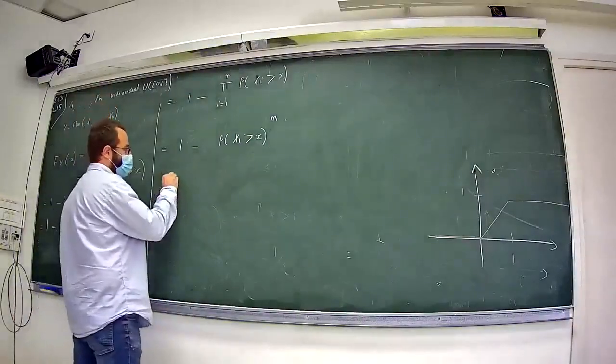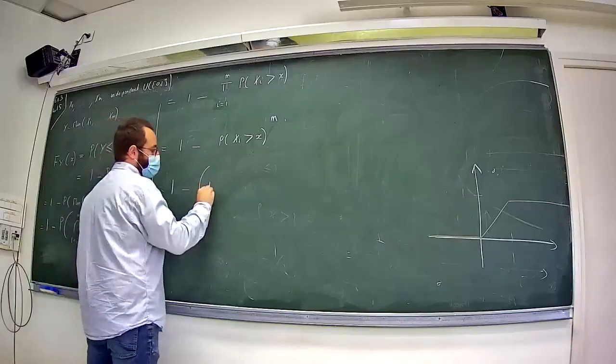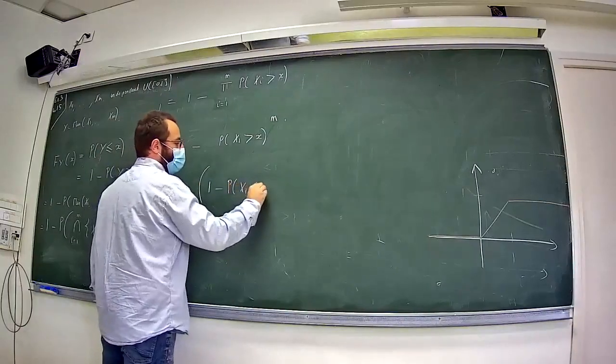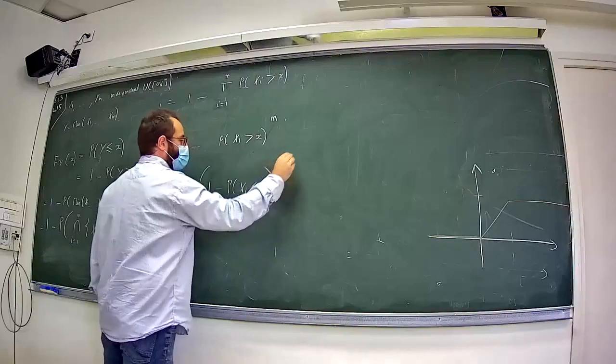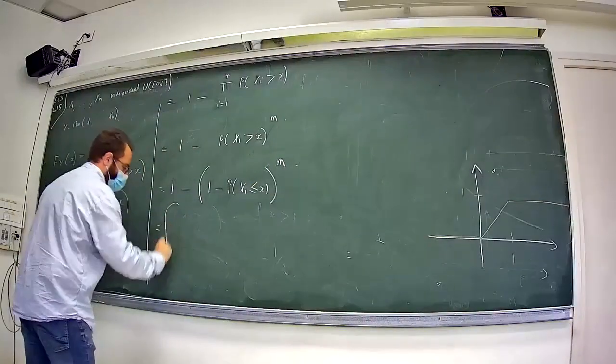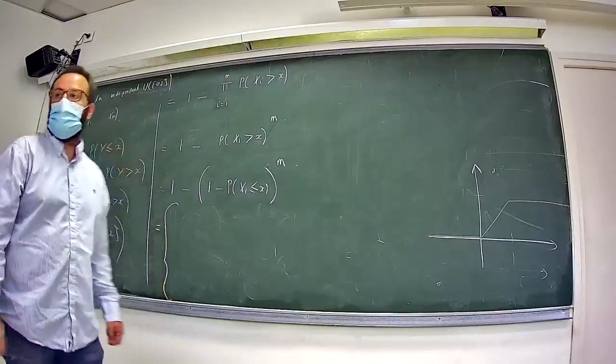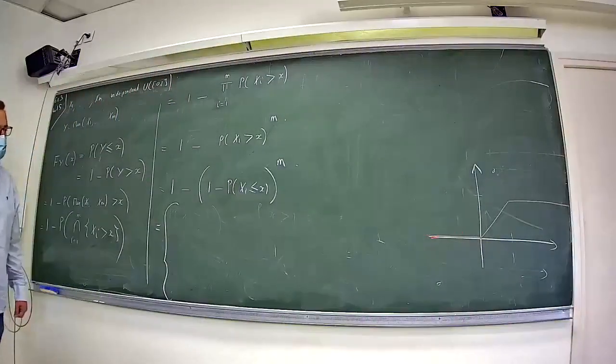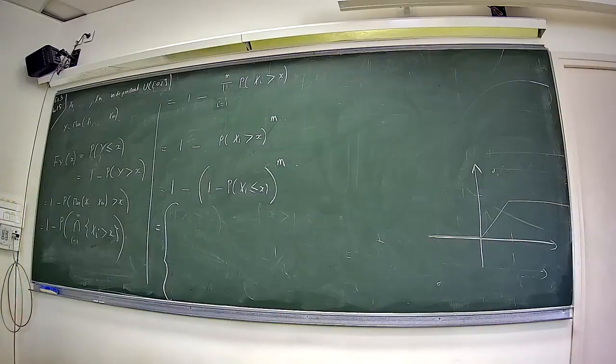I can write it this way: 1 minus the probability that X1 is less than small x, to the power n. And I have to consider cases. How many cases? 3. The case where x is negative, the case where x is between 0 and 1, and the case where x is greater than 1.